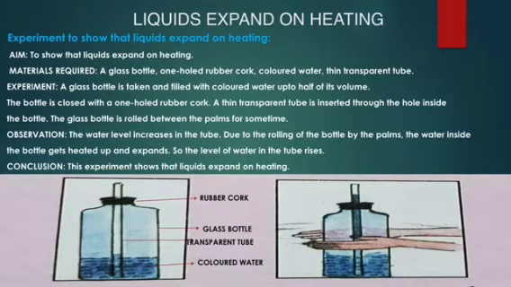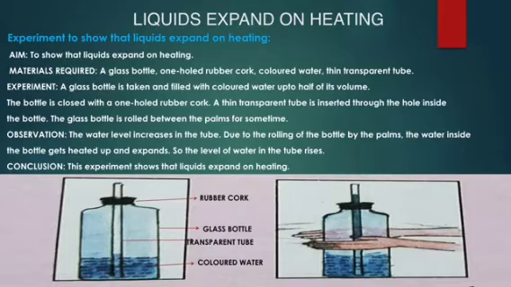The glass bottle is rolled between the palms for some time. So in the first picture, you can see that a glass bottle is taken and it is filled with colored water. Then the bottle is closed with a one-holed rubber cork. Cork is a lid and a thin transparent tube is inserted through the hole inside the bottle.